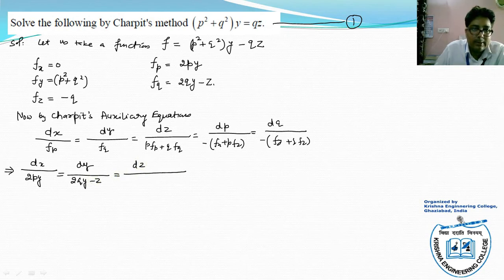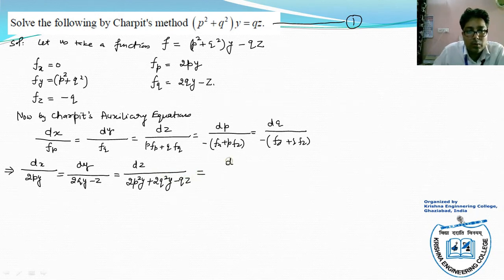For dz, p fp means multiplying by p, so this becomes 2p squared y, and q fq becomes 2q squared y minus qz.